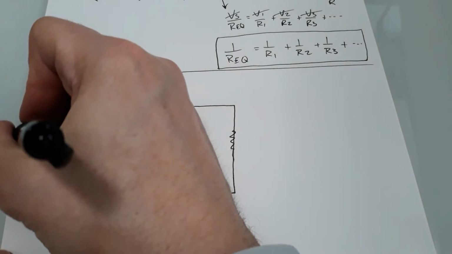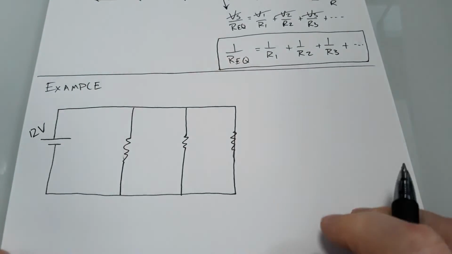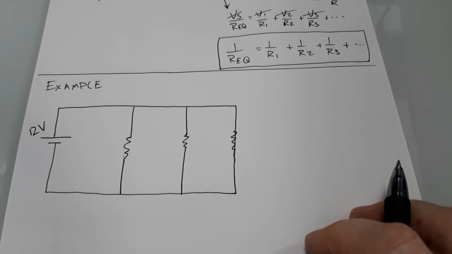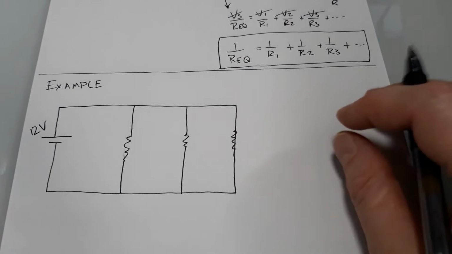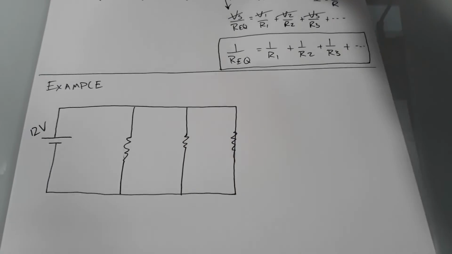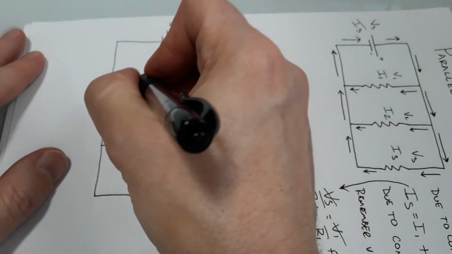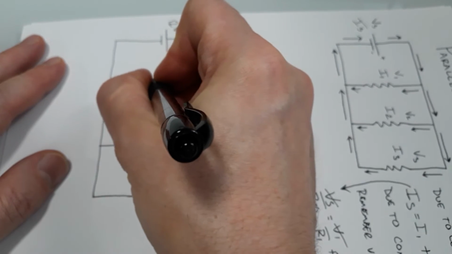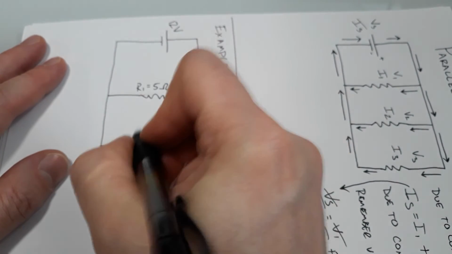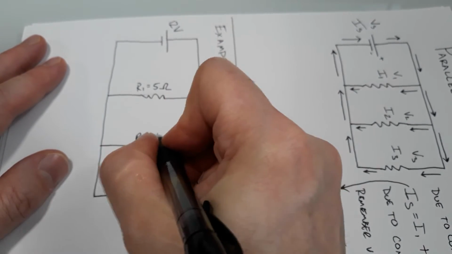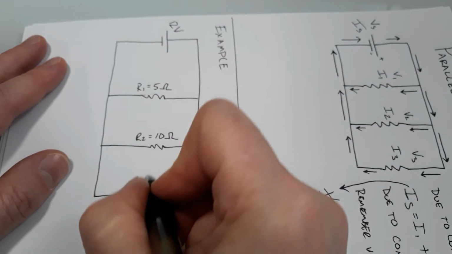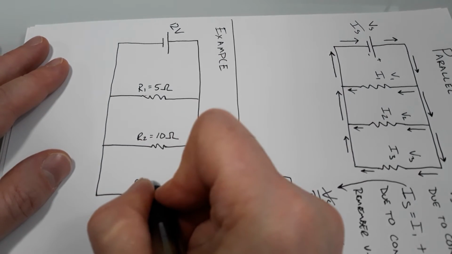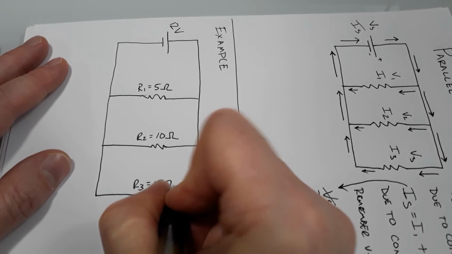We have the same 12-volt battery, so VS is 12 volts. And what we need is the labels for the resistors. So let me turn this sideways for just a moment. Let's do R1 is equal to 5 ohms, R2 is equal to 10 ohms, and R3 is equal to 15 ohms.